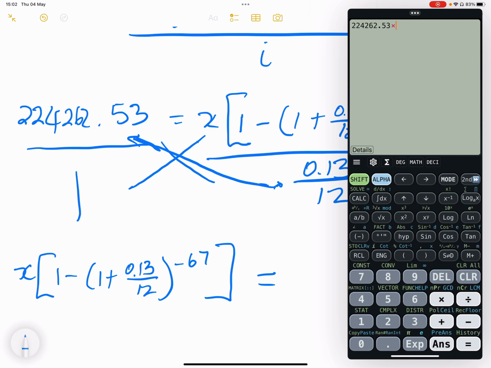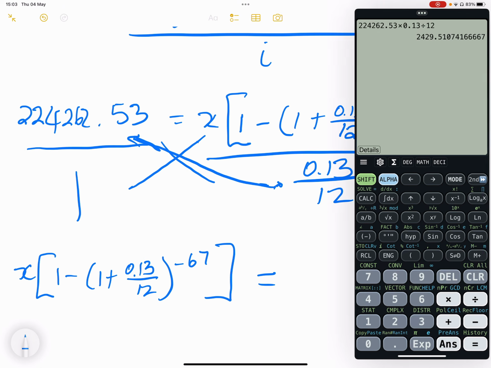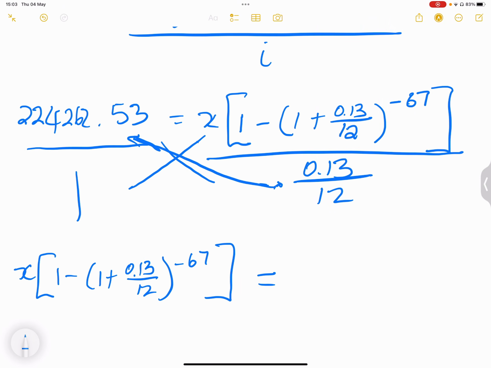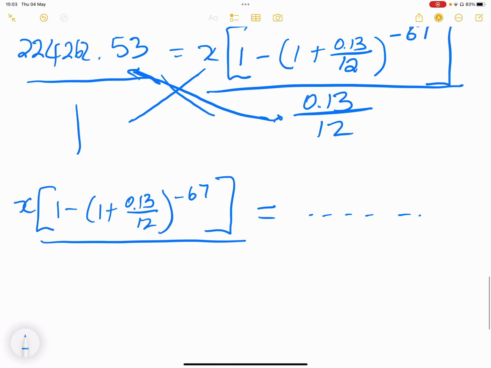So that's 262.53, and I multiply that by 0.13 divided by 12, and I get that value. Now, that value that we got, we are going to divide on the left and on the right by this entire thing, 1 minus (1 plus 0.13 over 12) to the power of minus 67.